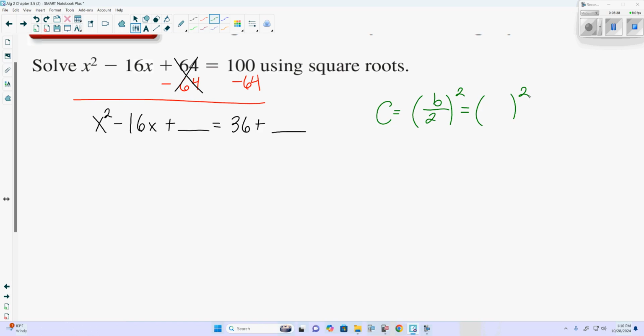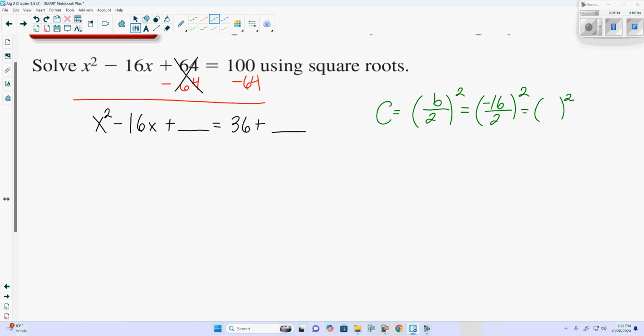And our value of b is the number and sign in front of our x term. Well, our x term in this case is what? It is 16, but it would be what? Negative 16, because we take the number and the sign. So the number is 16, but we do take its sign, which is negative, and we get negative 16. Questions on this so far?